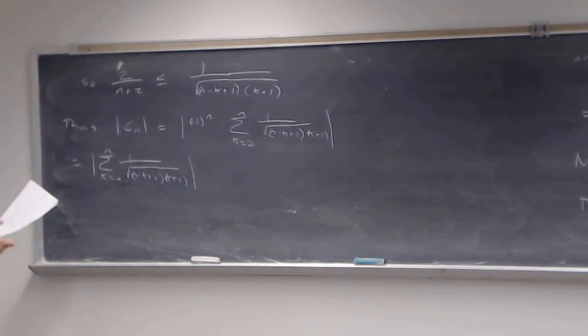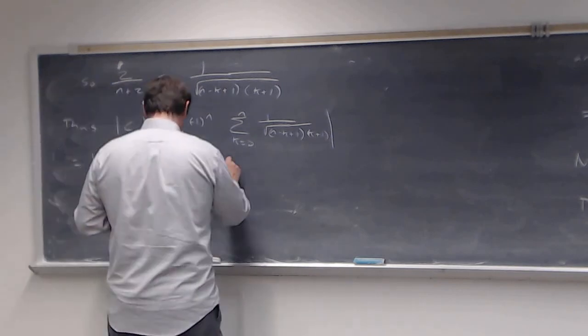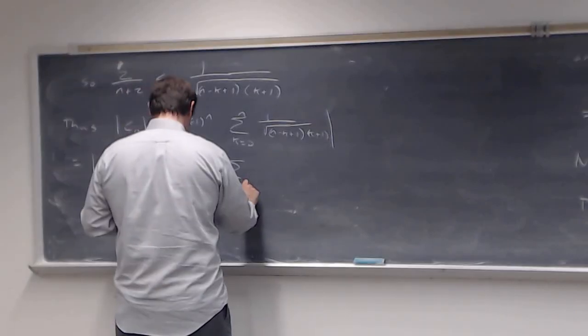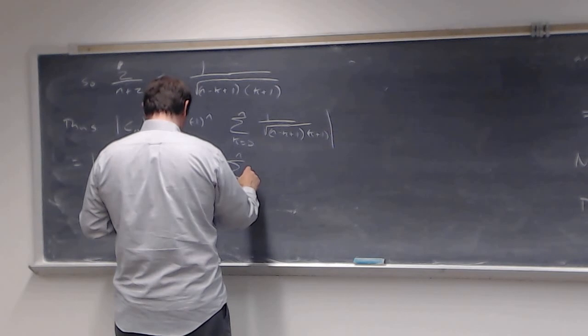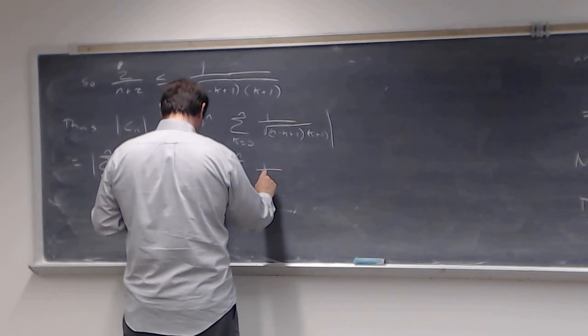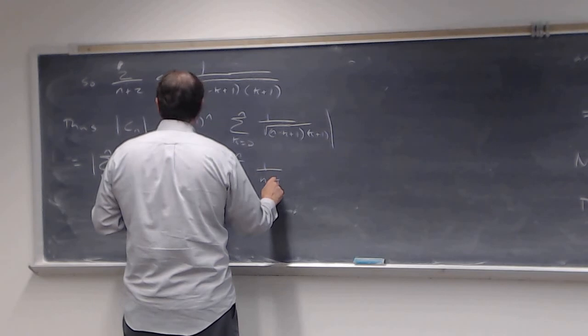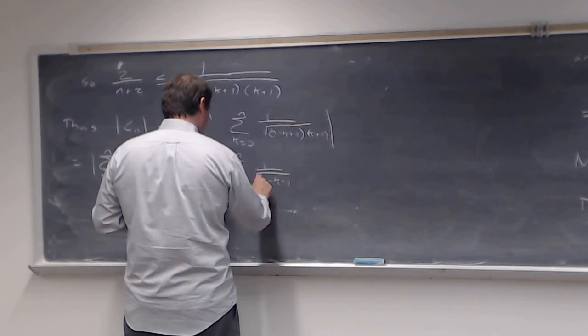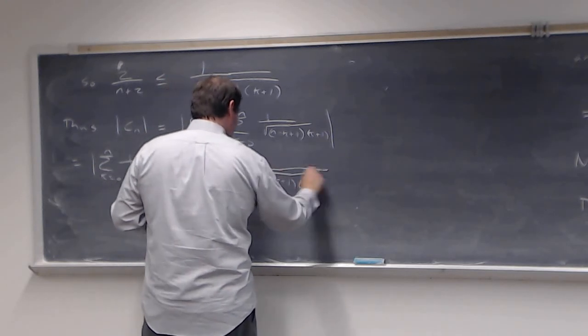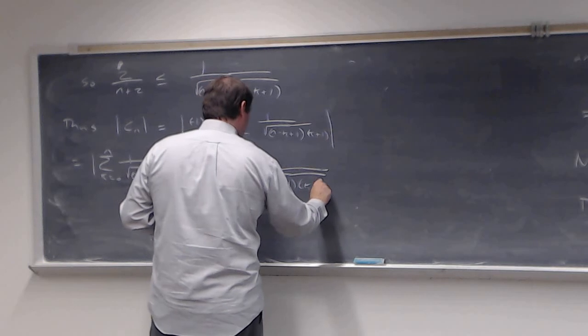Now, each one of these things are positive terms, so this is just equal to the sum as k goes from 0 to n of 1 over the square root of n minus k plus 1 times k plus 1.